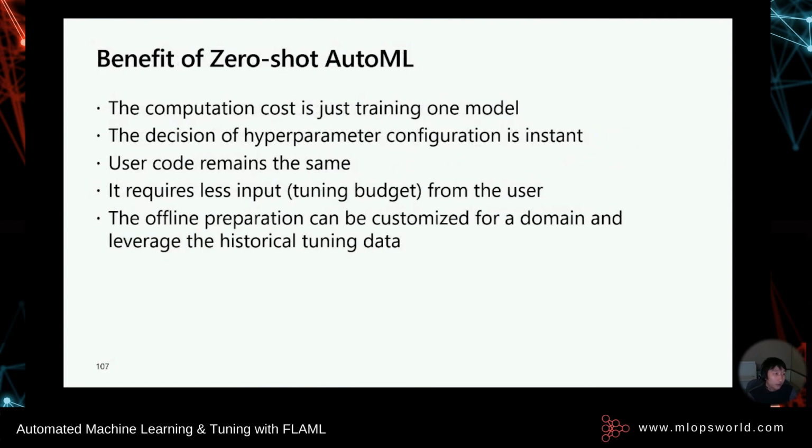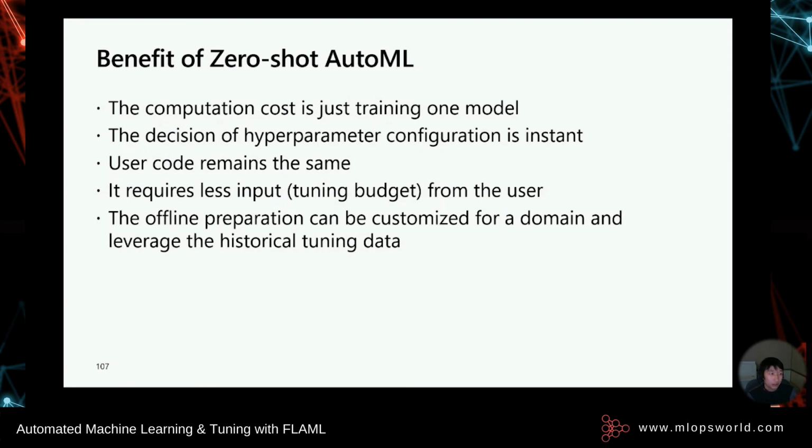So now, what's the benefit of zero-shot AutoML? Or what's the benefit of shifting tuning from online to offline? The first benefit is the online computational cost. That's the cost paid by the final consumers of AutoML. They only need to train one model. They get to the hyperparameter configuration right away. There's no overhead to worry about.